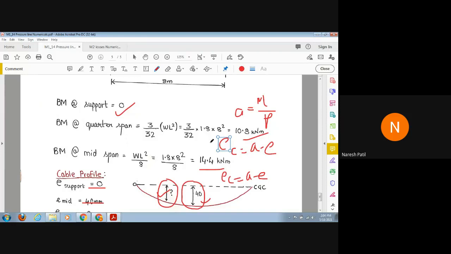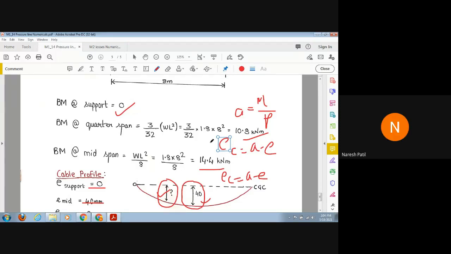Calculate at midspan. What did you get for A at midspan? 14.4 into 10 to the power 6 divided by 250 into 10 to the power 3, that is 57.6. Is it correct? Yes, sir. Then what will be EC? A minus E. A is 57.6, E is 40 mm at midspan. So how much did you get? 17.6. Yes, sir. Okay.